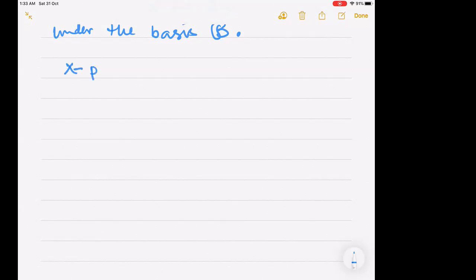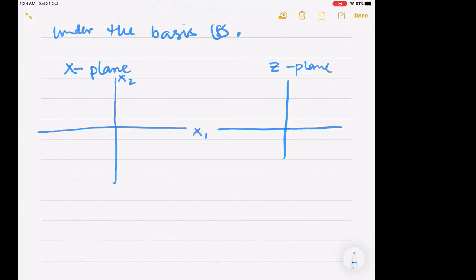First, we have the x plane, which is these two axes, x1, x2. We have the z plane, where we have once again two axes, z1, z2. How are they related? Take any vector z here, that when multiplied by T gives me x. So the relation is x is equal to T times z. What is this T? T is v1, v2 written side by side.